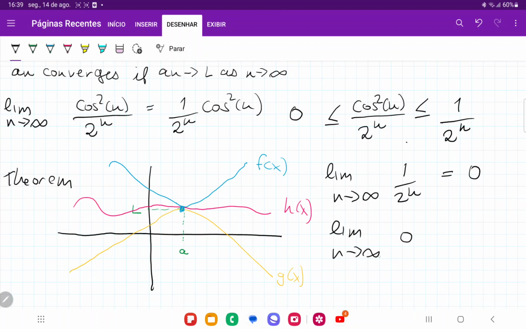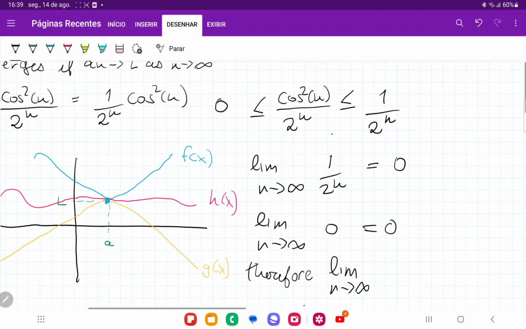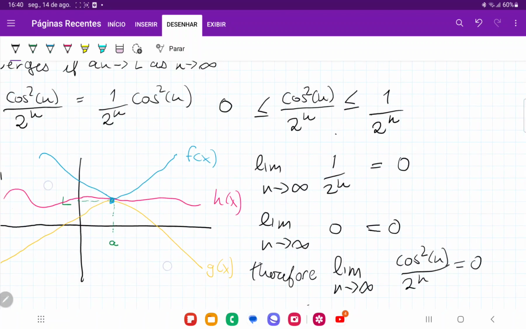And the limit as n approaches infinity of 0 is just equal to 0. And we've shown that these limits are 0. Therefore, the limit as n approaches infinity of cosine squared of n divided by 2 to the power of n is equal to 0. We've shown that through the squeeze theorem.